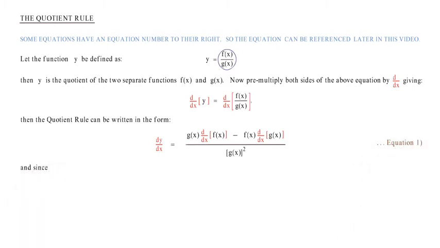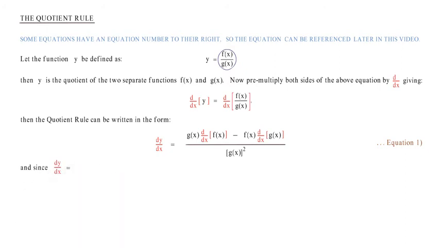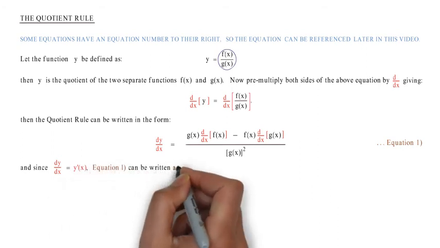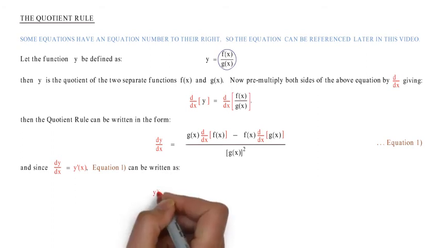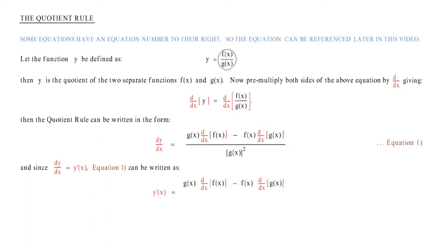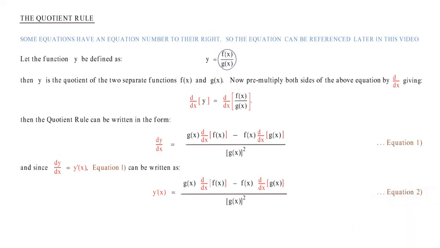And since dy by dx equals y dash x, equation 1 can be written as y dash x equals the same expression. Call this equation equation 2.